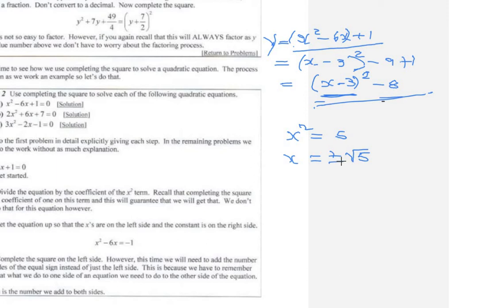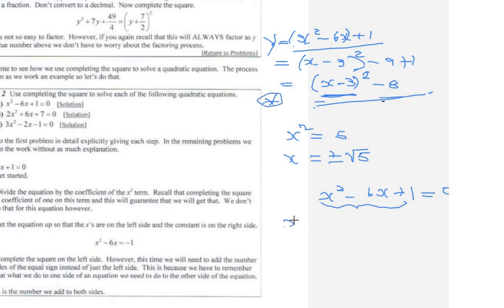Alright, so if I can rewrite an expression in a perfect square form, then I know I can solve it. So if I have this and I want to solve it, then I can rewrite that expression in the completing the square form.